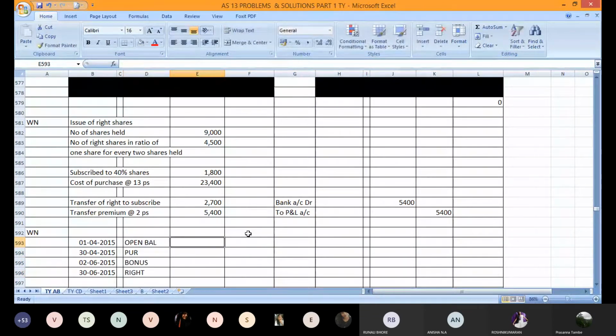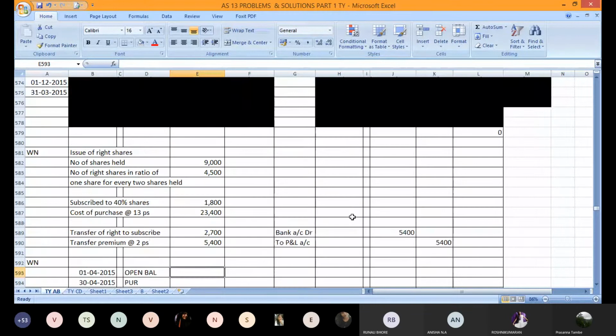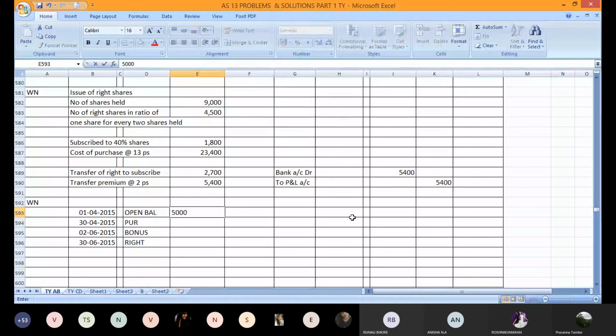What is the number? Opening balance 5,000, purchase 1,000. Then how much bonus did we get? 3,000. And this is 18.